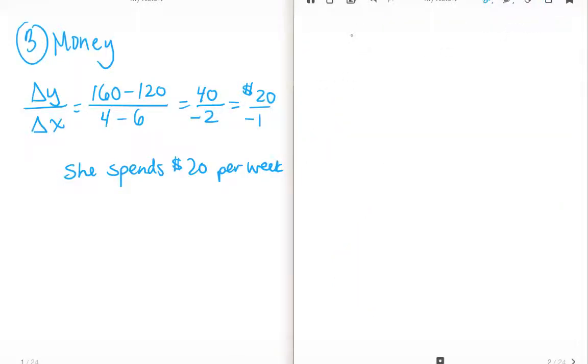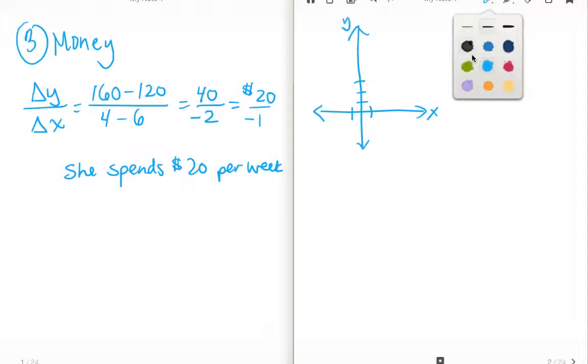Okay. All right, let's draw this quick graph here. Go ahead, draw this X and Y axis, this coordinate plane. You can just do it in your spiral. We're just doing a little bitty bit here.